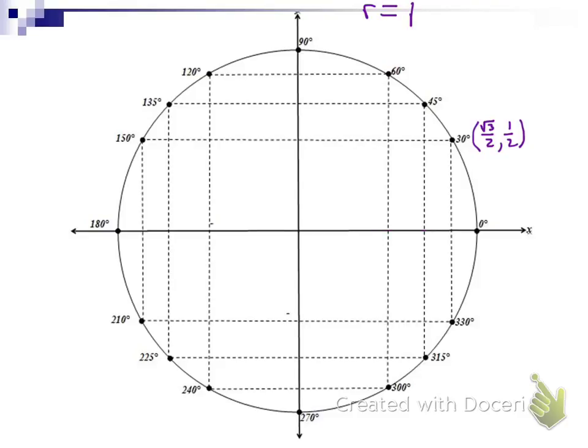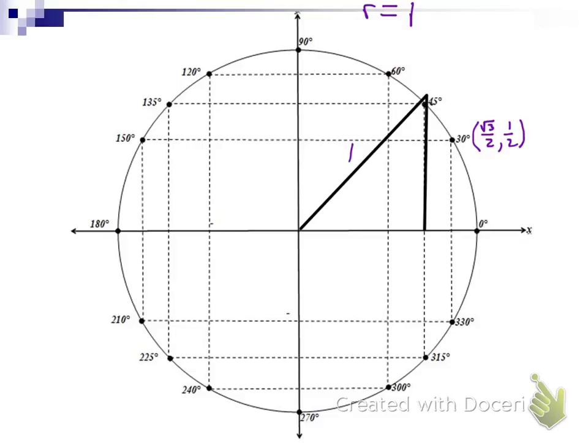All right, next little notch up there would be 45. So if we drew a 45-degree angle here, this is a 45, 45, and again, the radius is 1.